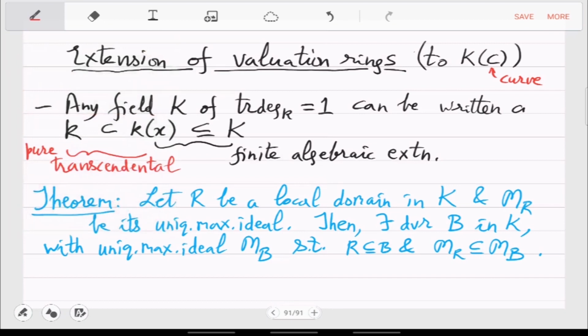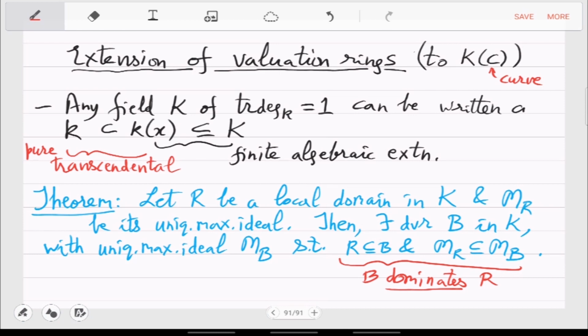So we say that B dominates R. When I say a DVR dominates another, what is meant is that a local domain B dominates another local domain R when the unique maximal ideal and the ring satisfy this containment property. So you can compare two local domains by this domination relation.